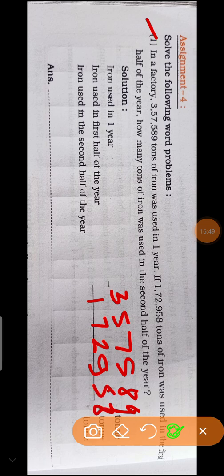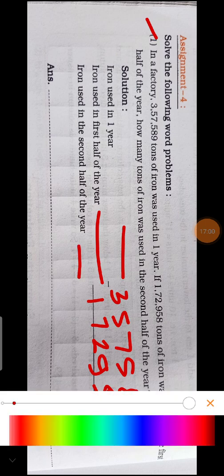Now subtraction, because we want to find the remaining half year. This is the whole year, this is the first half, and now we will get the second half of the year.